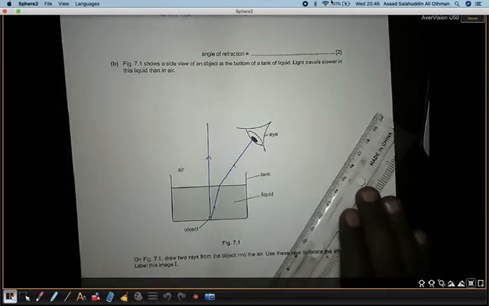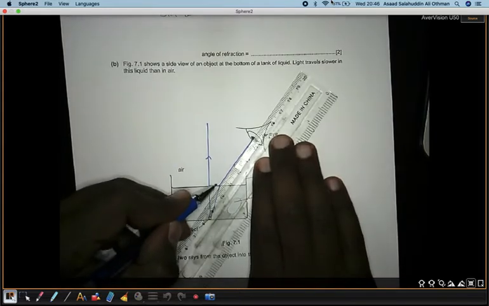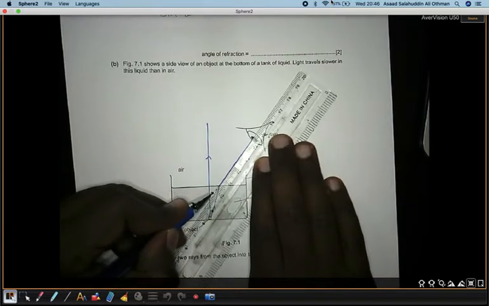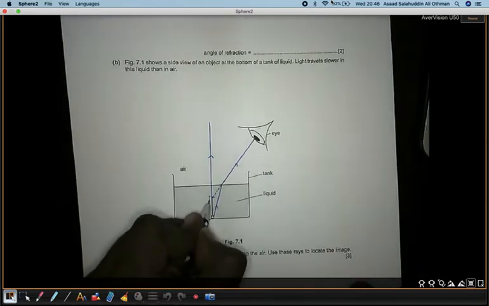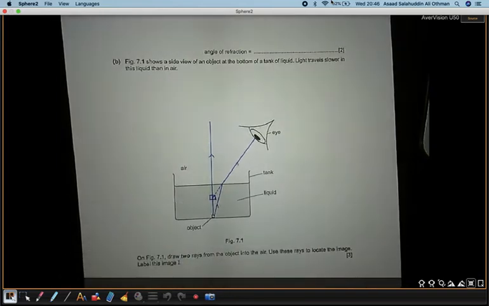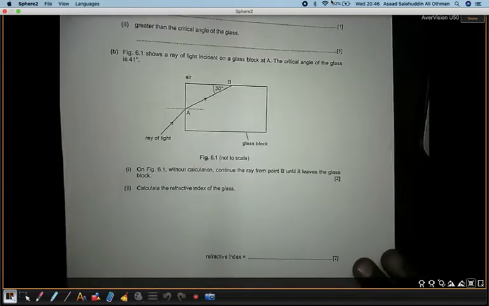Where you see the image is a continuation of this, so you continue it with a dotted line because it's imaginary, and that's the position of your image. That's why when you put a coin in water, the coin actually looks shallower.